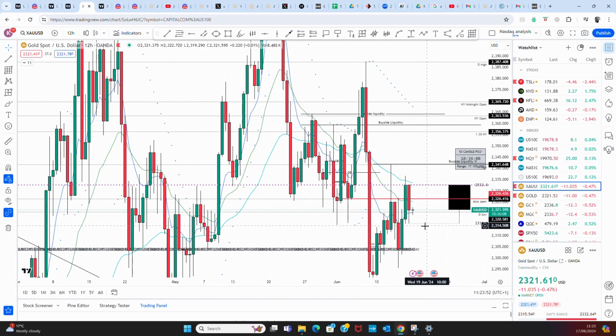So 12 hours showing that we have equal lows here. Possibly take this out. I'm seeing something like this maybe come in and up.